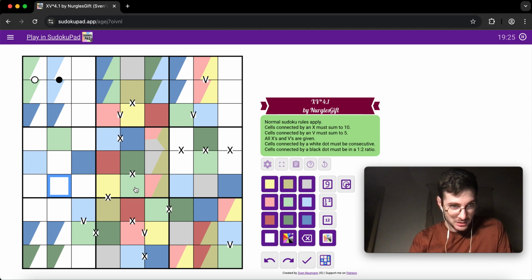Having a bit of a pause. This can't be light red because it's next to a dark red, but there's no X between them, which means this is the only spot for a light red in this box.